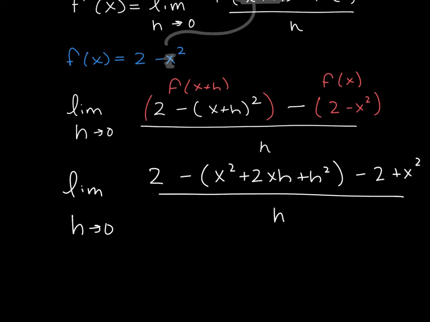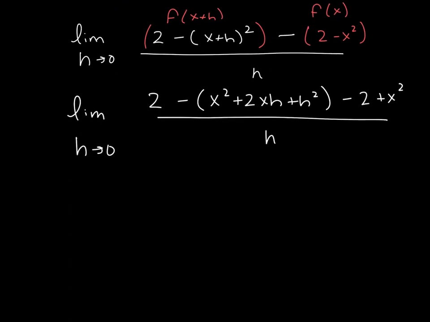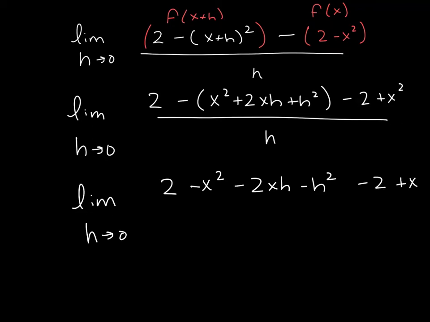And this is all divided by h. Now what we have is the limit as h approaches 0 of 2 minus x squared minus 2xh minus h squared minus 2 plus x squared.